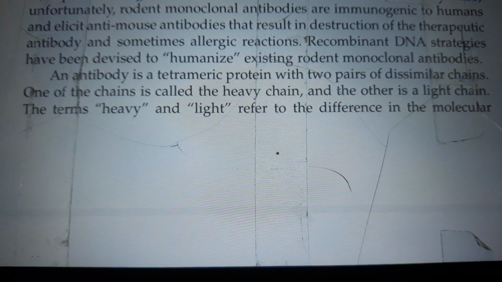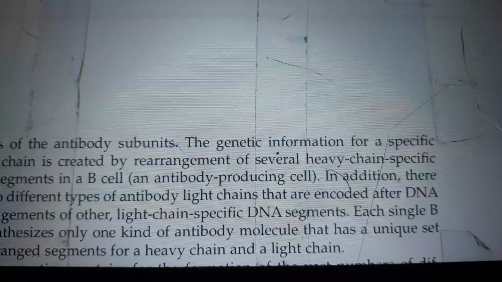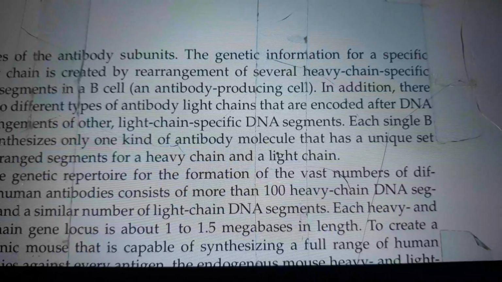An antibody is a tetrameric protein with two pairs of dissimilar chains. One of the chains is called the heavy chain, and the other is called the light chain. The terms heavy and light refer to the difference in the molecular masses of the antibody subunits.